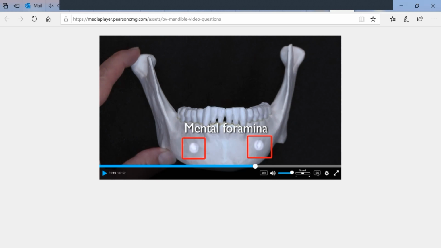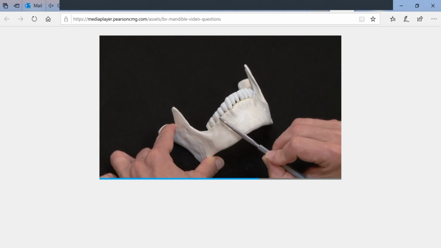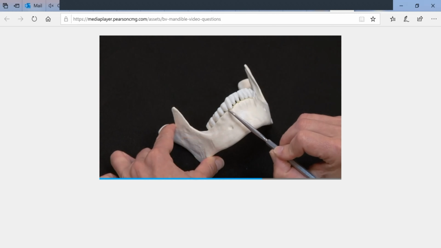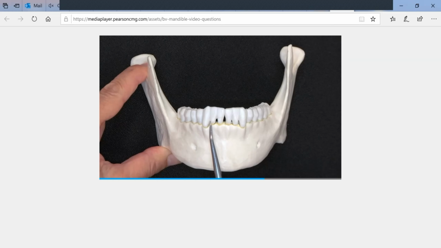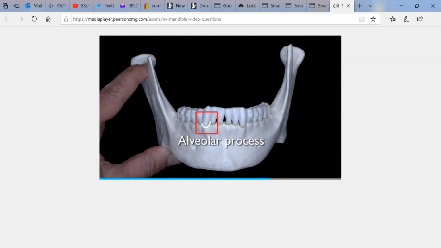You think mental means brain, so you think that would not be where you would have the mental foramina, but remember, mental means chin. Okay. Traveling to the chin. The mandibular body has alveolar processes, which are bony elevations that surround the sockets containing the teeth. Here you can see an alveolar process around one tooth.